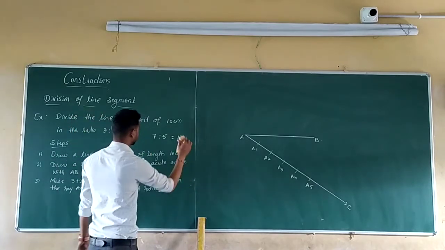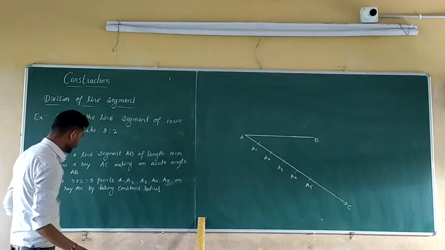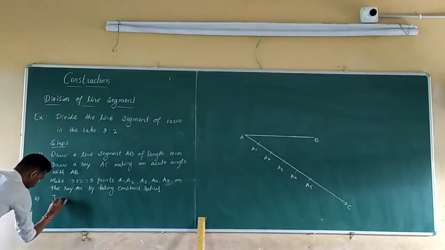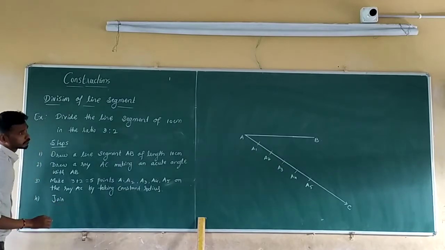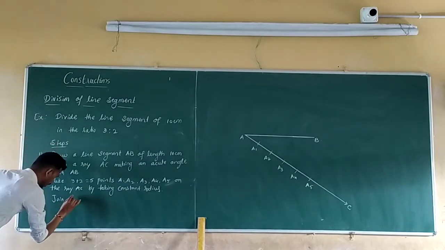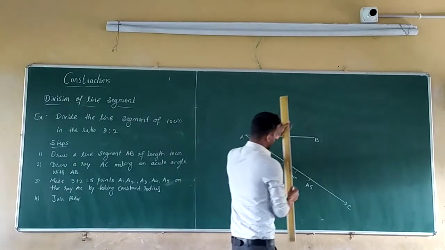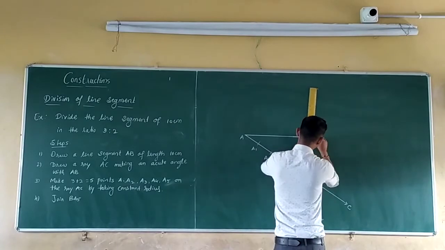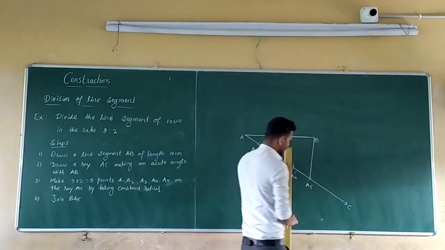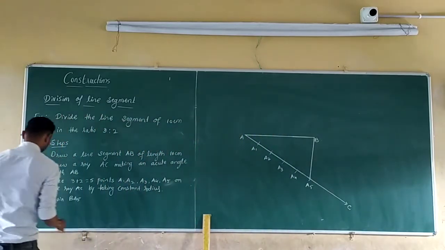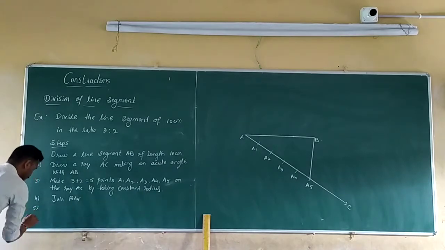So next one, fourth step. Join BA5. Now join BA5. Next, fifth step.